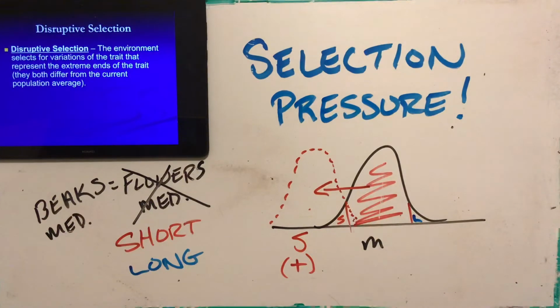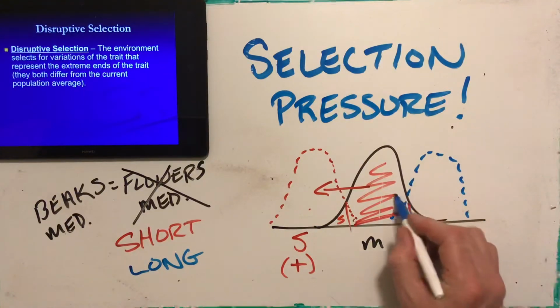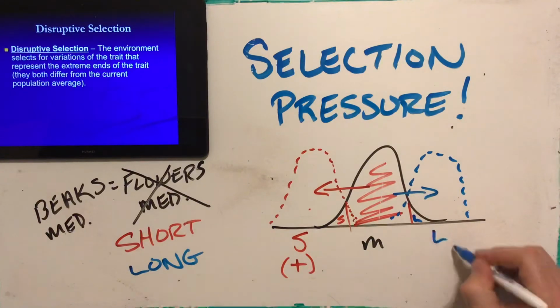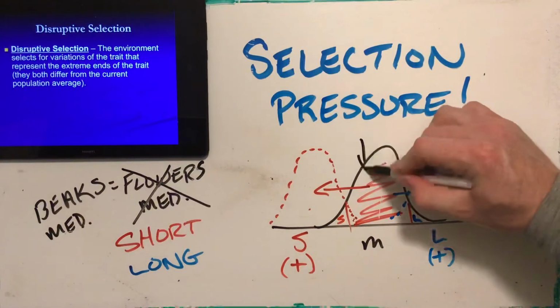At the same time, the long ones who were just getting by before, those long flowers, see a shift in this direction. And now the long bird beaks also have positive growth within their population. Their numbers go up.